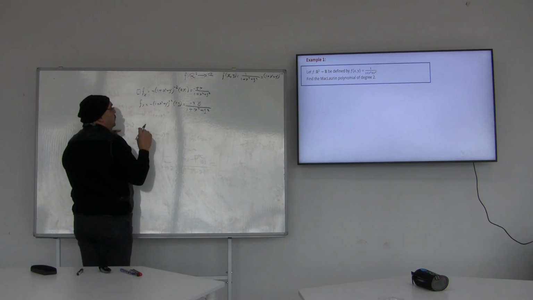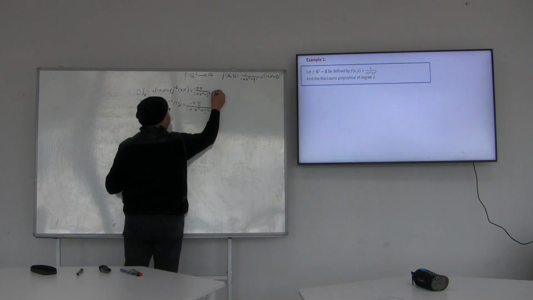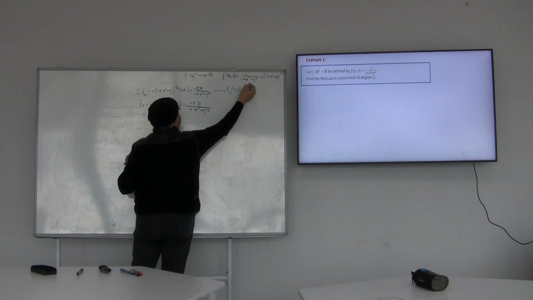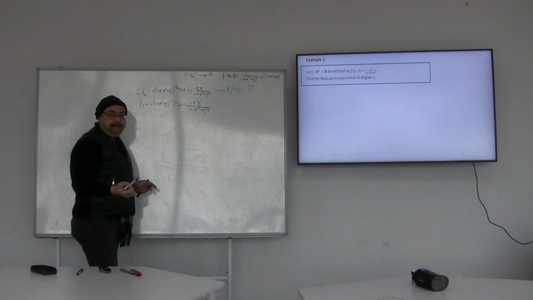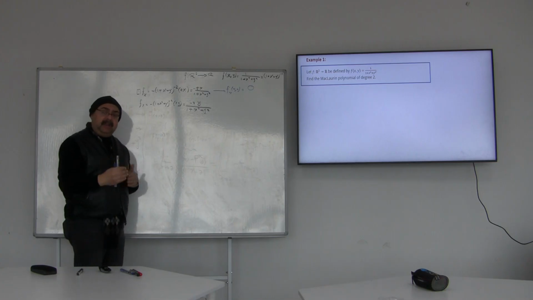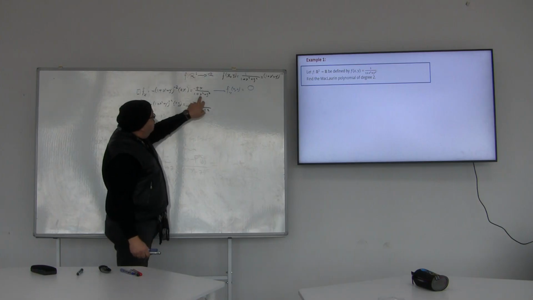If I want to prepare for getting the Maclaurin expansion, I need to find f sub x and f sub y at the point 0, 0, as I'm doing the Maclaurin expansion. So f sub x at 0, 0 will equal 0, of course. Why 0? Because you substitute zeros instead of x and y.